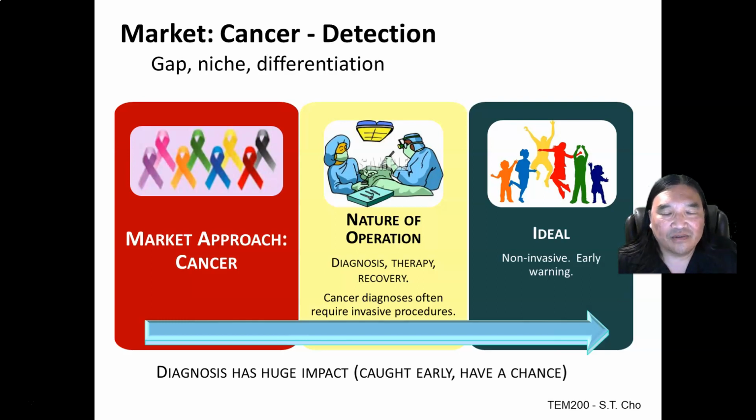If she had had leukemia today, she would have had a 90% chance of surviving it. Instead, back in the 1980s, her chance of survival was in the 20th percentile. Subsequently, she didn't make it. But what it comes down to is early warning is such a big thing in cancer. If they get it early, they have a good chance.